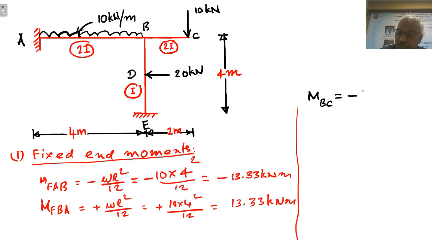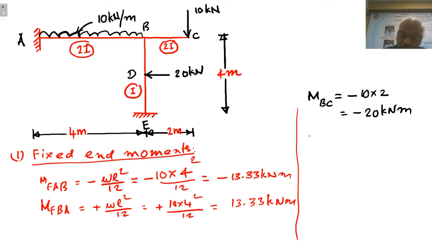So therefore, it is minus 10 into 2 equal to minus 20 kilonewton meter. That value cannot be changed because the overhanging part is 2 meters and the load is 10. That moment, minus 20, cannot be changed, right? That is a fixed value for this problem and for the given data, right?